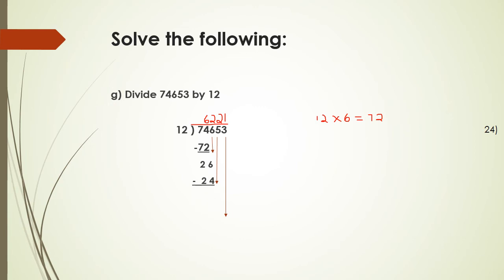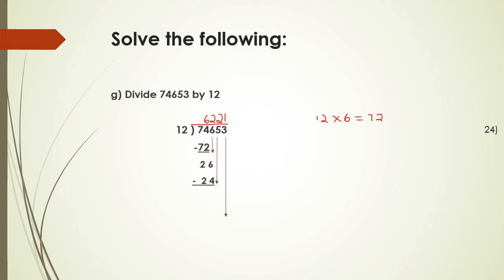So 12 times 2 is 24. So 2 you have to write above the bar, then 24 you have to write in the dividend. The next step you have to subtract: 26 minus 24, you will get 2.